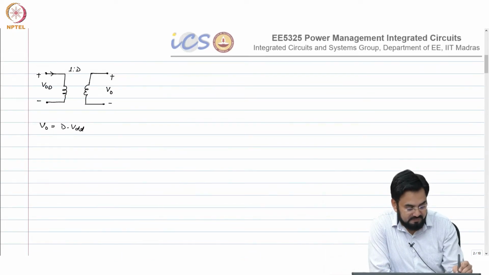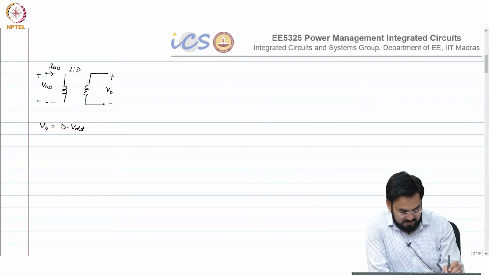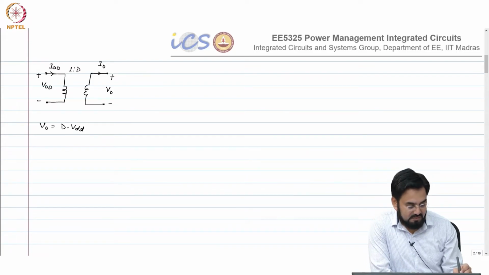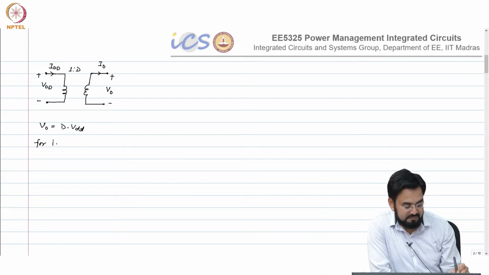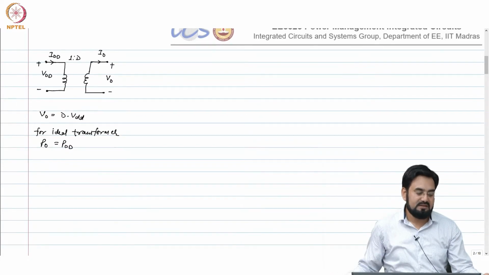So, if this is IDD and the output current is your I out, then for an ideal transformer, P out equals P DD, correct?